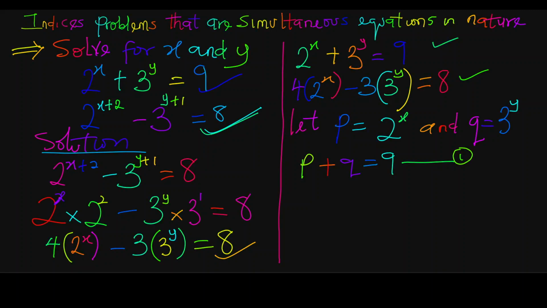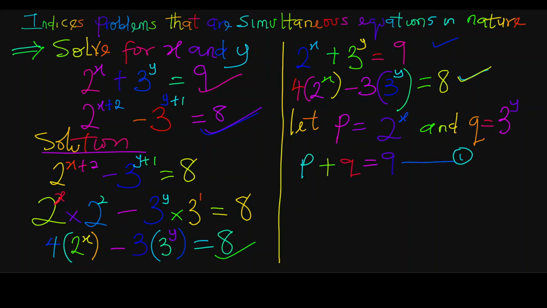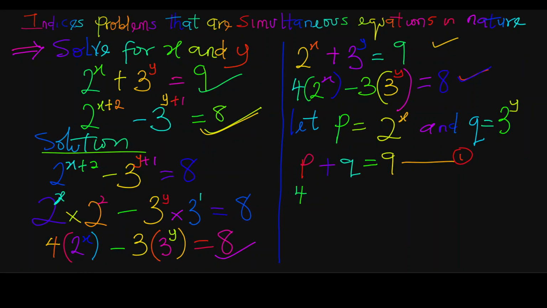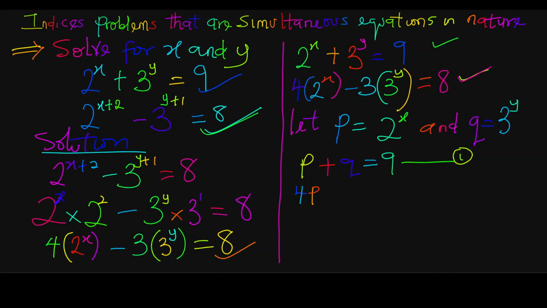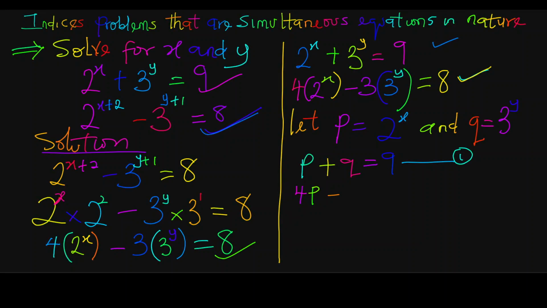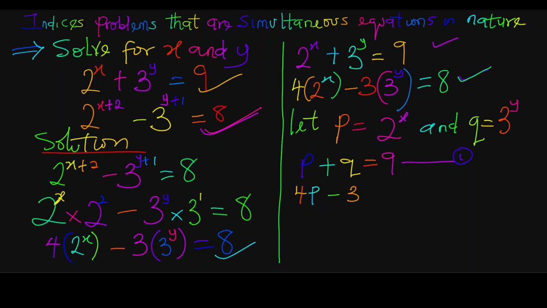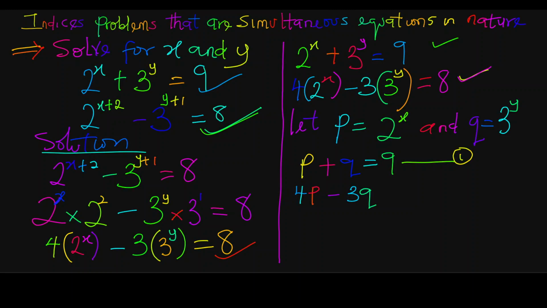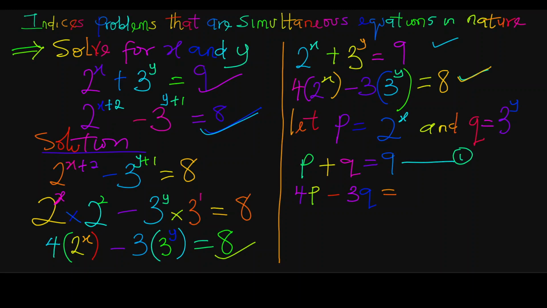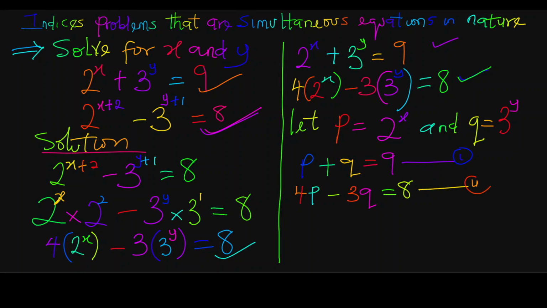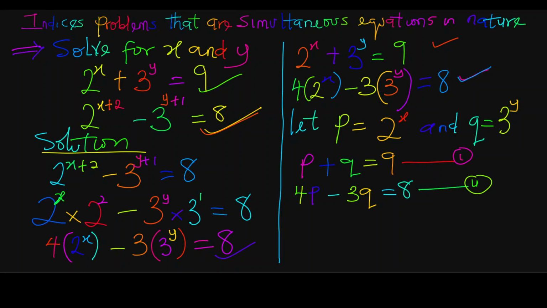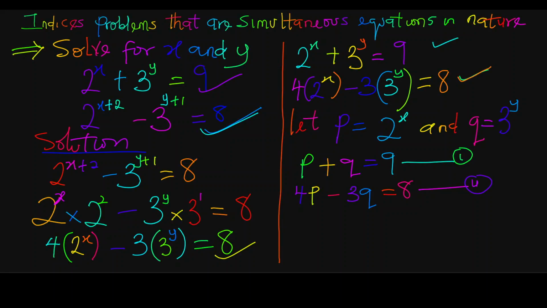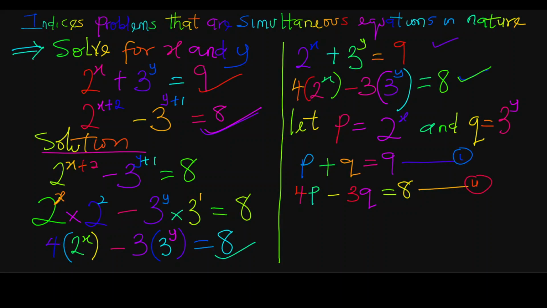Then substituting into the second equation, we have 4 times 2 raised to the power of x, and 2 raised to the power of x is p, so 4p minus 3q, because 3 raised to the power of y is q, everything equal to 8. This is equation 2. Then we solve these equations simultaneously, solving for p and q.